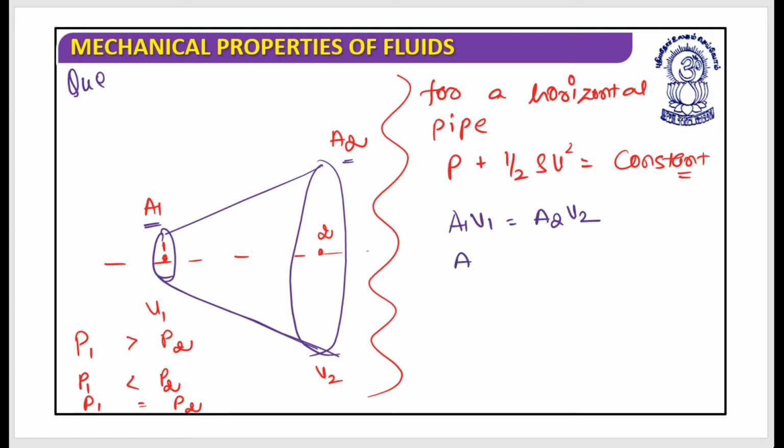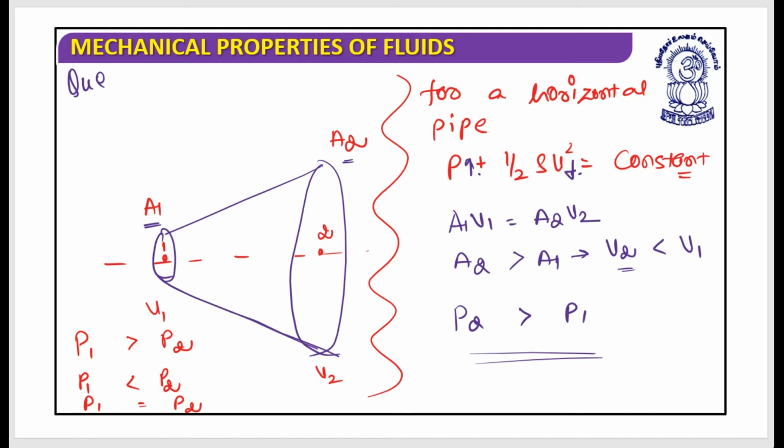And as I can see, A2 is greater than A1, that means the velocity at point 2 would be less than the velocity at point 1. And if velocity at point 2 is lower, that means pressure at that point must be higher. So P2 must be greater than P1. Yes, this is to be understood.